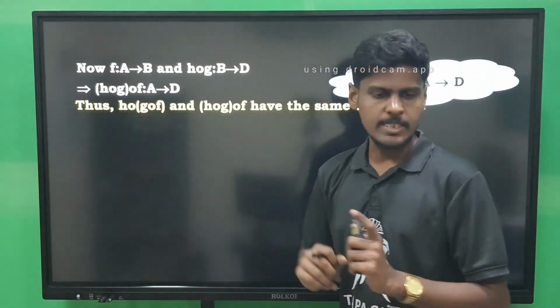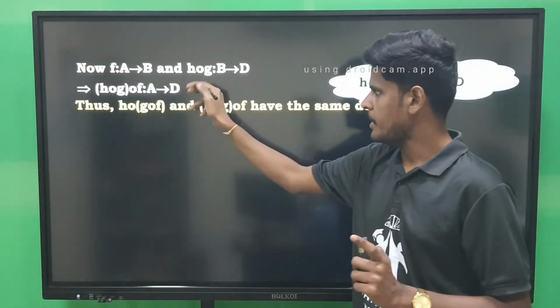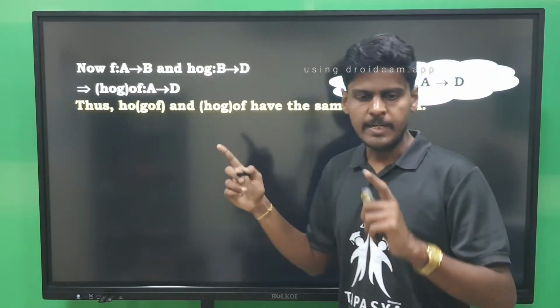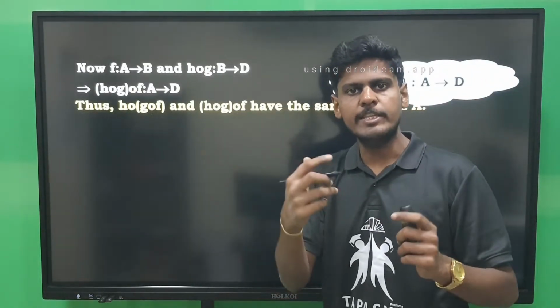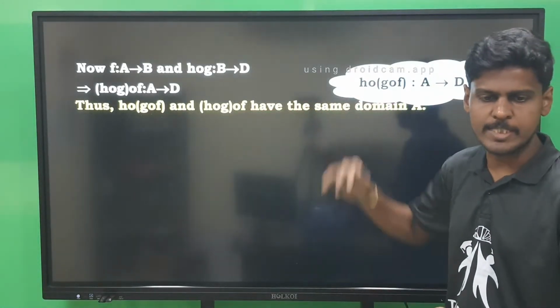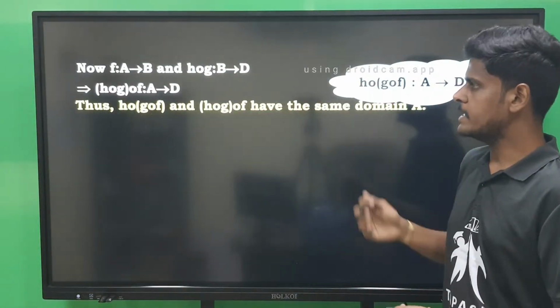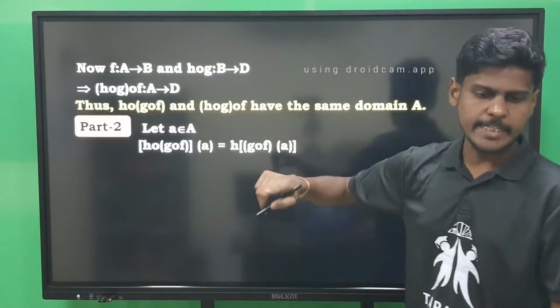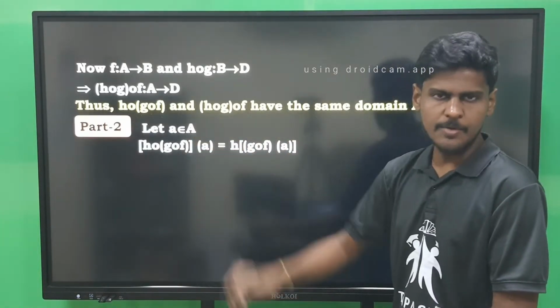But here set D is the codomain, and the range can be any value within the set D. So after confirming both the functions have the same domain, we should check the range of the function. So for part 2, how to check the range of the function, we will discuss now.